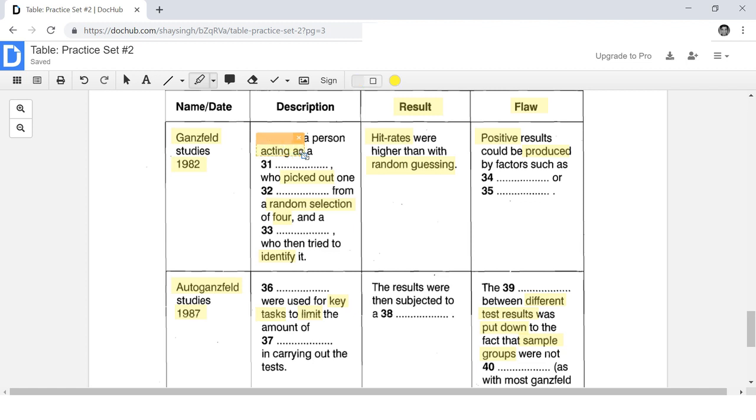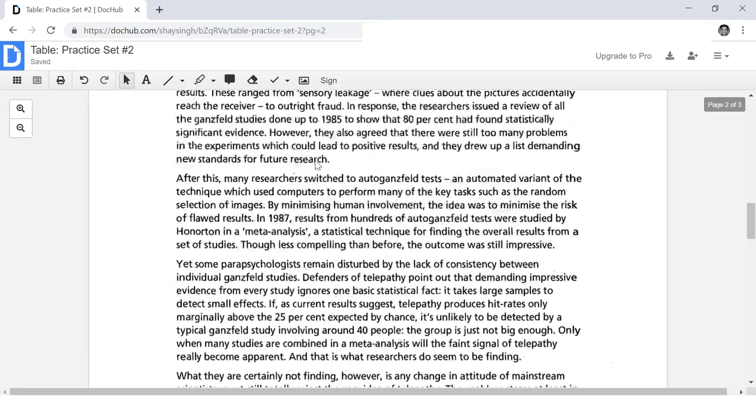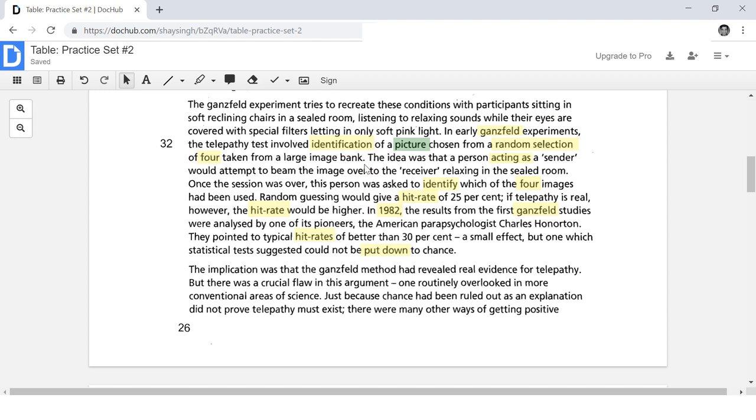You see that? Acting as, right there. So we're probably going to find the answer to question number 31 in that line. So here it says, the idea was that a person acting as a sender would attempt to beam the image over to the receiver relaxing in the sealed room.